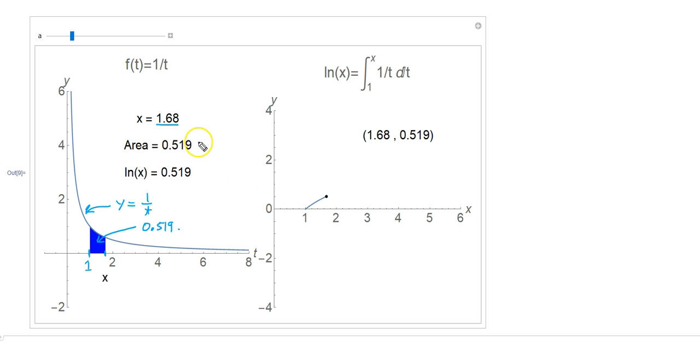If we were to plot 1.68 comma 0.519 over here, we would have a point on the graph of the natural logarithm function, and that's exactly what we have right here. So this is x, and this is the natural log of x. Now let's see what happens when we let x slide to the right. We're going to plot all those points over here, and we're going to get the graph of the natural logarithm. So let's do that.